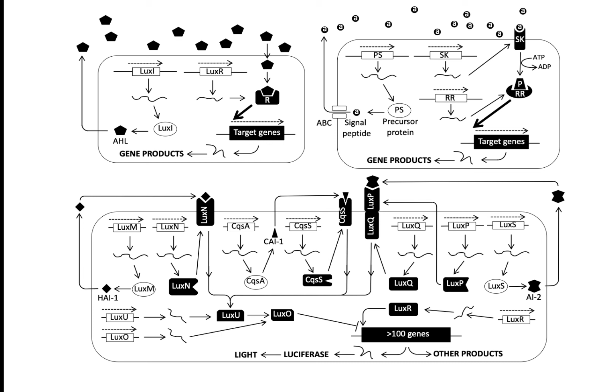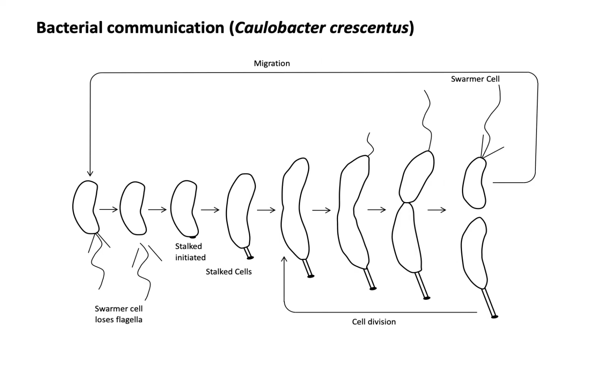That means that bacteria can exhibit a number of different expression profiles. And in particular, some bacteria that produce more than one cell type can have different expression levels. And one of those is Caulobacter crescentus. And in this case, there are two different types of cells. There are swarmer cells and there are stalked cells.